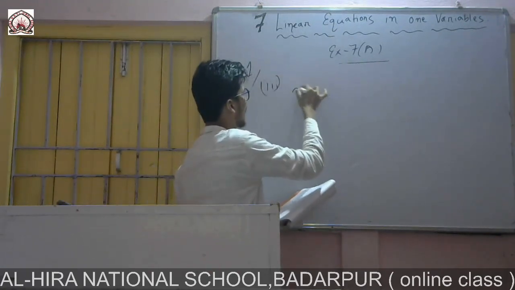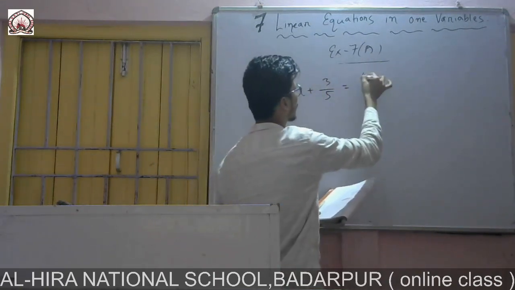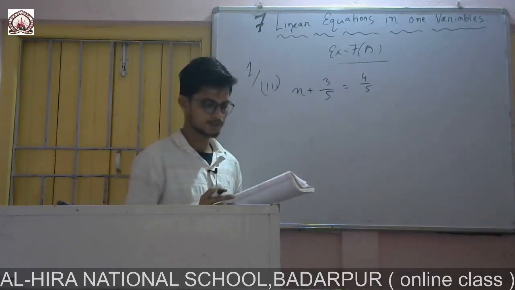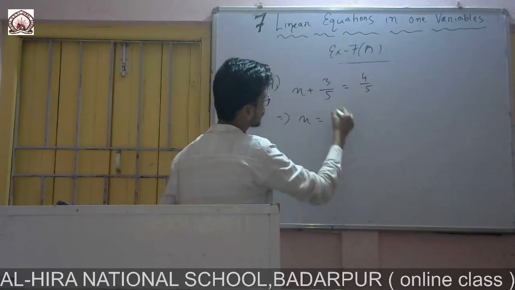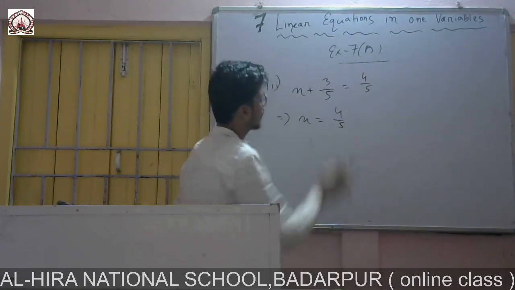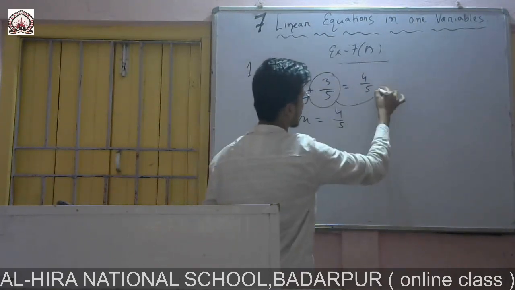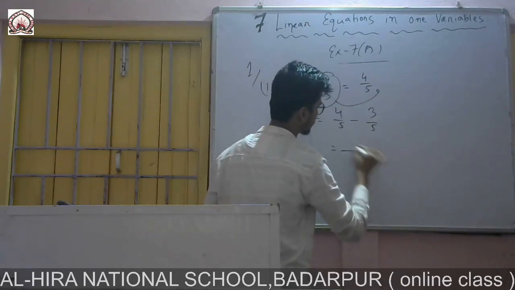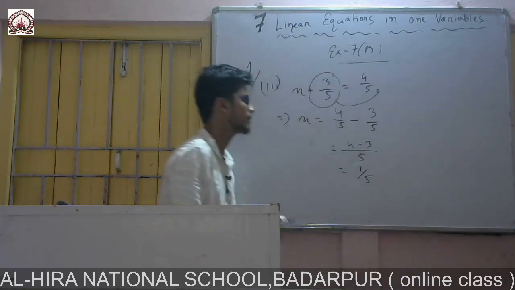Okay. Now see Roman number 3. It is given x plus 3 by 5 equals 4 by 5. So simply, x equals 4 by 5 I will write first of all. This one I will change the side; it is plus, so if I change the side, it will be minus 3 by 5. So here 5 is the LCM, 4 minus 3 is 1 by 5.